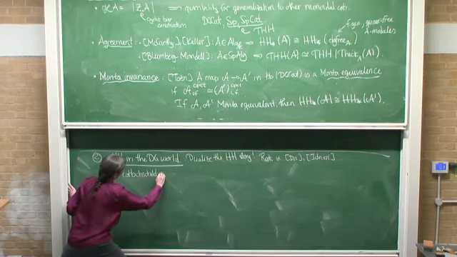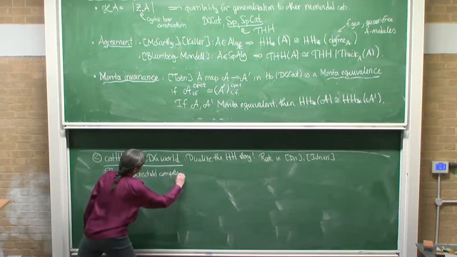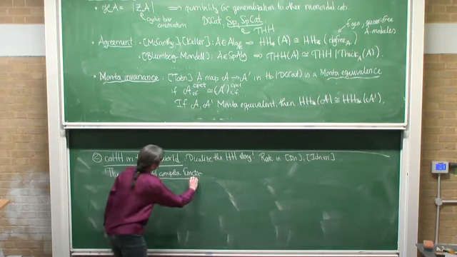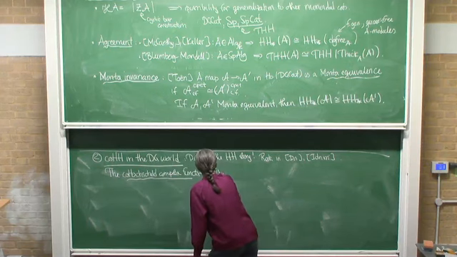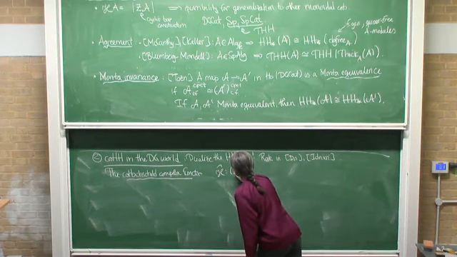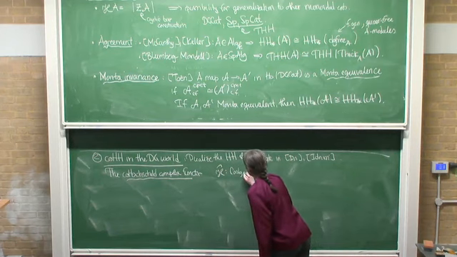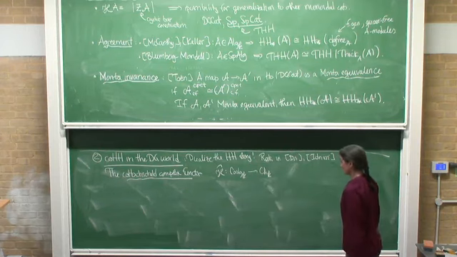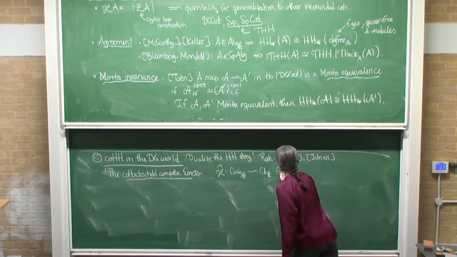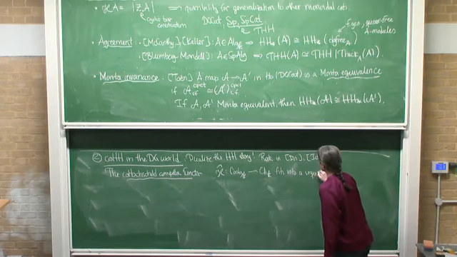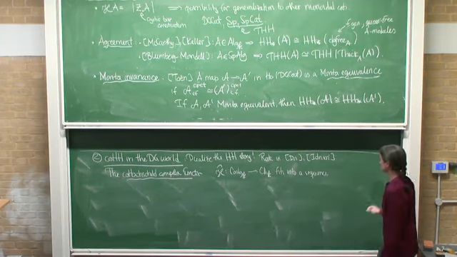So the coHochschild complex functor, which I'm going to write with a hat on the H now, goes from coalgebras over K into chain complexes. It fits into a sequence that looks like the first sequence that we saw for the free loop space.